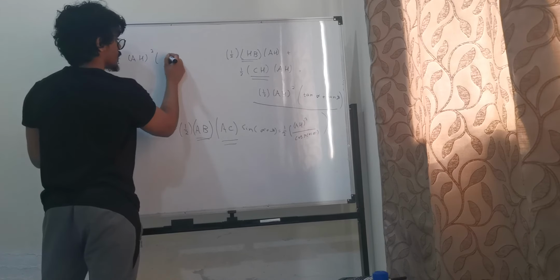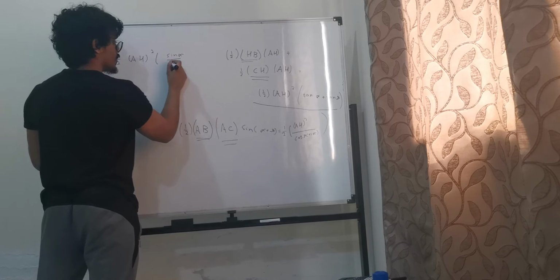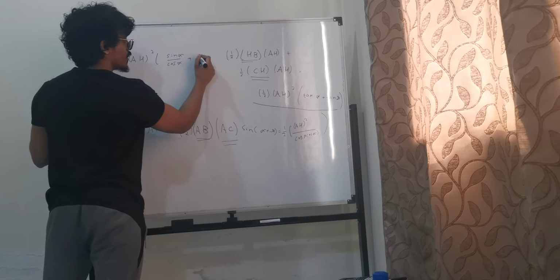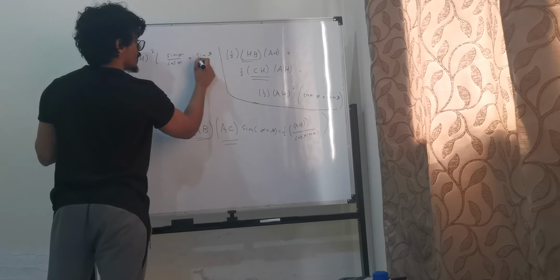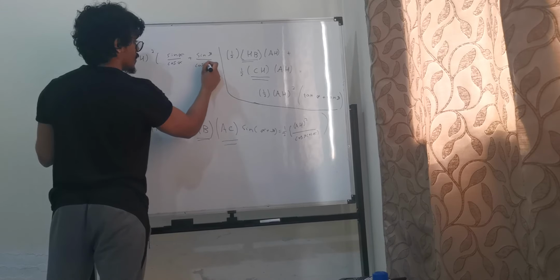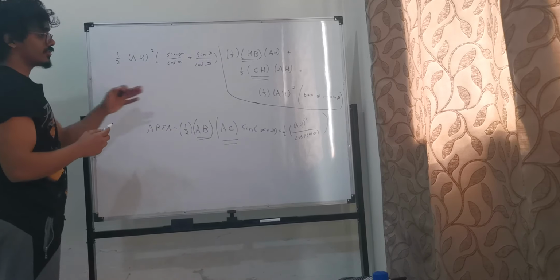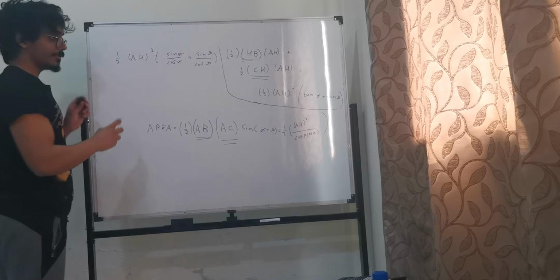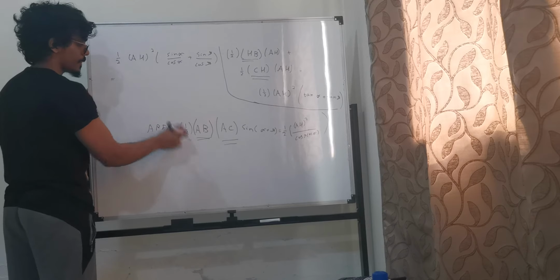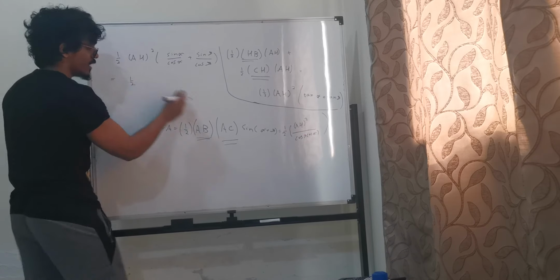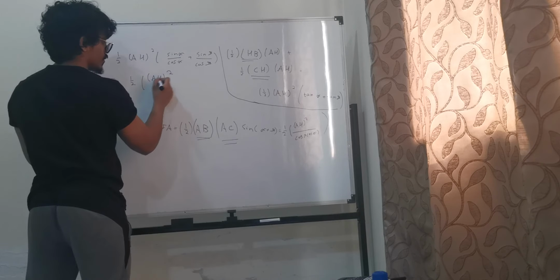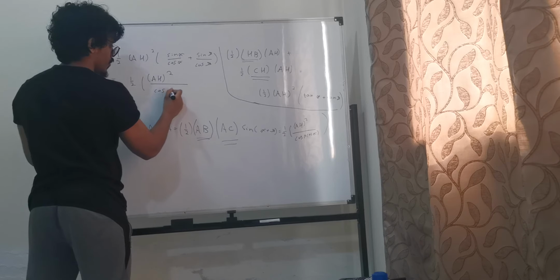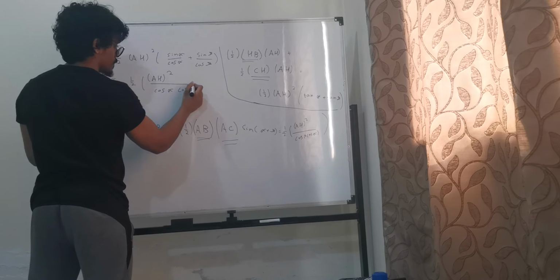Tan of alpha is sine of alpha divided by cosine of alpha, plus tan of beta, which is sine of beta divided by cosine of beta. This is the first expression after expressing in terms of sine and cosine. The second way of expressing the area is half AH squared divided by cosine of alpha times cosine of beta.